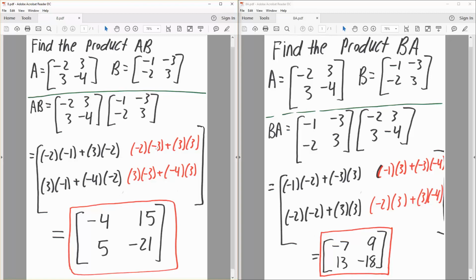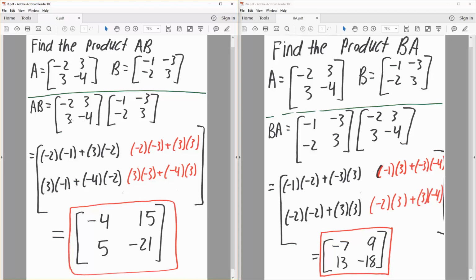For the next one, it's going to be -2 times -3 plus 3 times 3. Just to recap, -2 times -3 plus 3 times 3. And that'll be this one right here. And now we will do this one. That's going to be 3 times -1 plus -4 times -2.